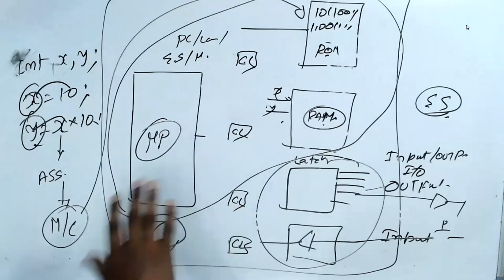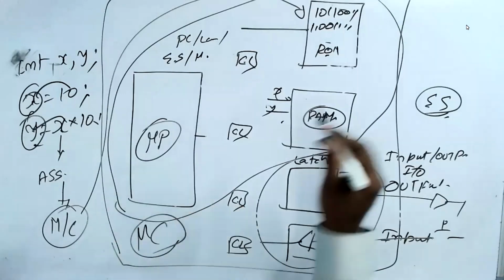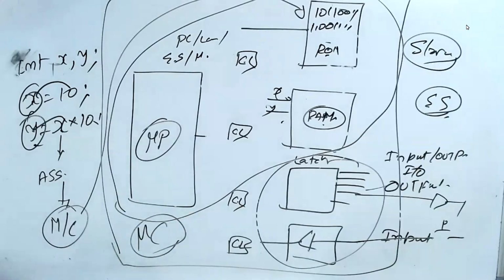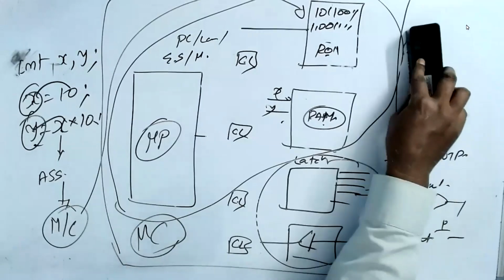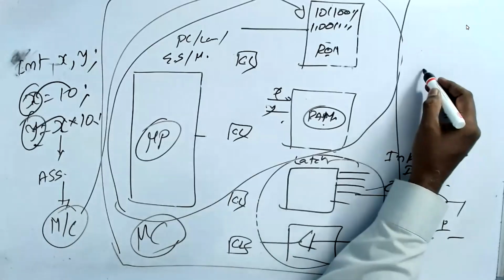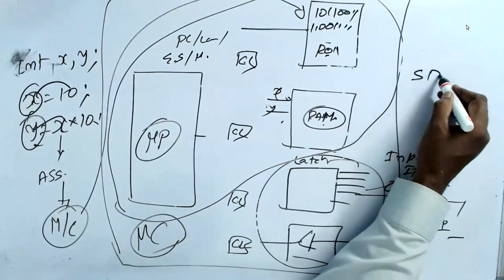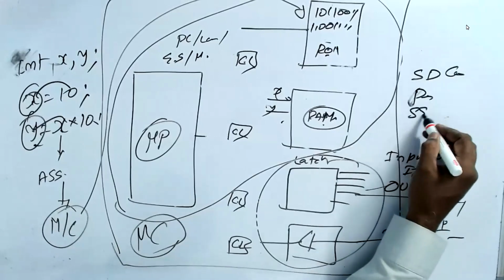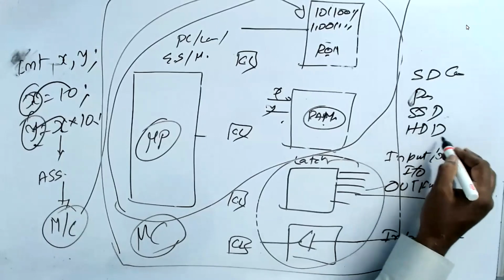No, that is different. That is called storage. We'll explain storage later. Storage is different. That is called hard disk or SSD. Your SD card, flash, pen drive, SSD, HDD, these are all different.